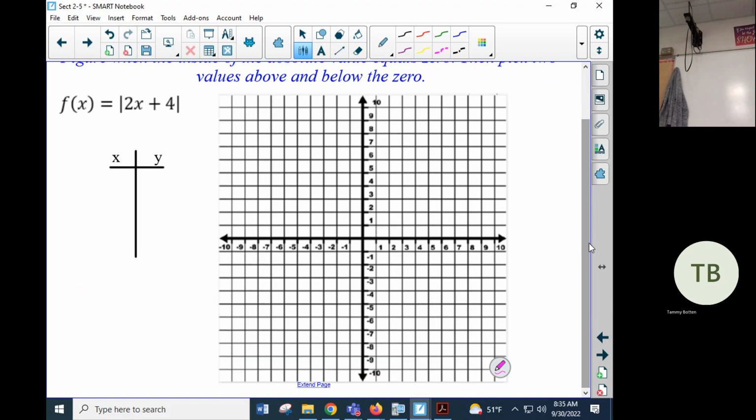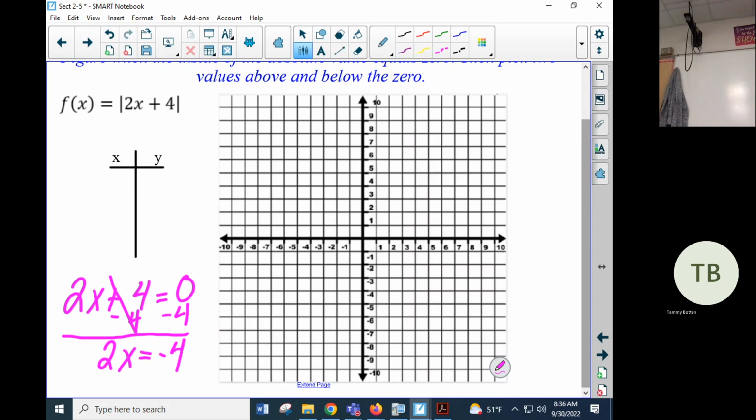So what you do when you're doing these, you take whatever is inside of your absolute value and you set it equal to 0. So if I take 2x plus 4 and set it equal to 0 and solve that, I would subtract 4. And then I'd get 2x equals -4.